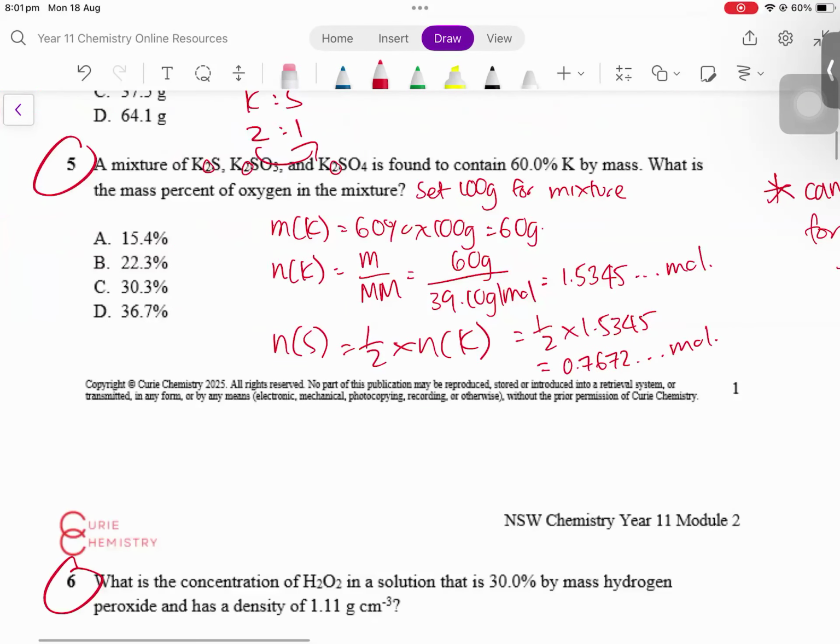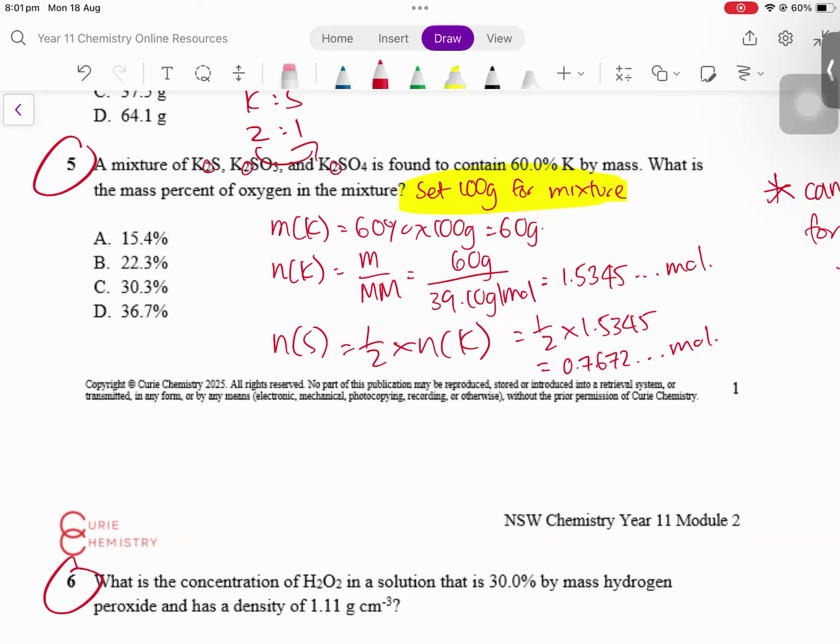Okay. And then, guys, we said that if you can figure out two, you can figure out the third. But the whole thing has to add up to whatever number I got for the mixture. And the number I got for the mixture wasn't in terms of moles though. The number I got for the mixture was in terms of mass. Okay. So everything has to add up to whatever the number for the mixture is. The number for the mixture is 100 grams, which is mass.